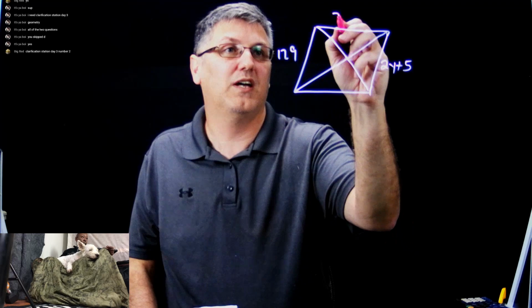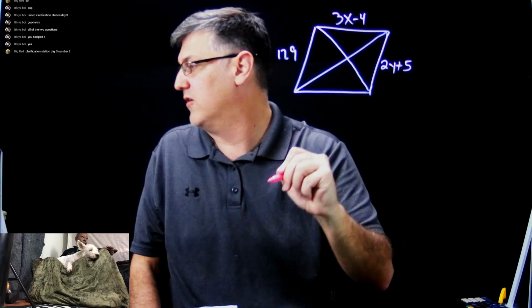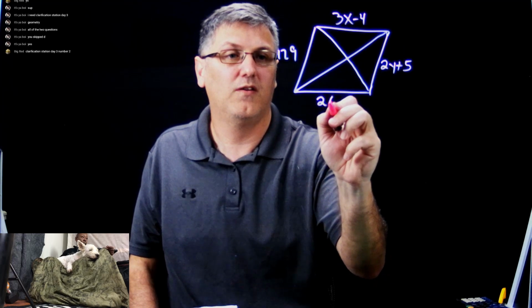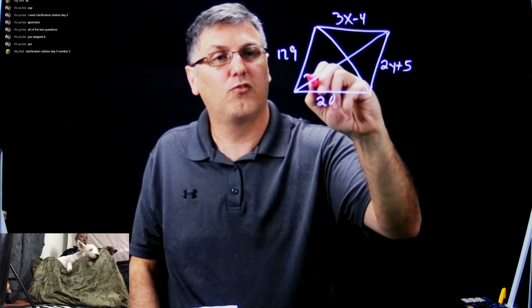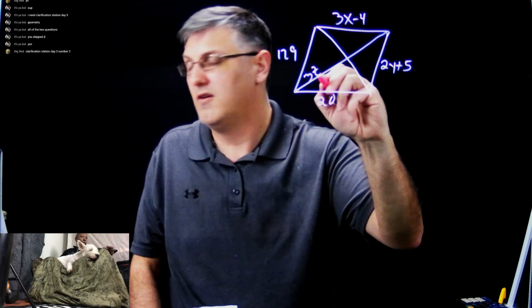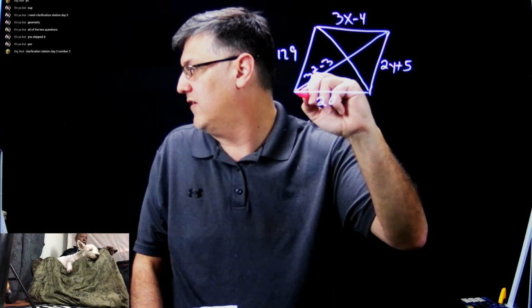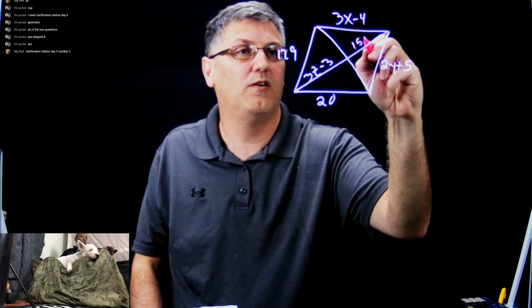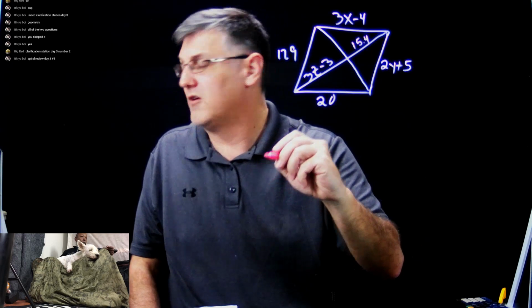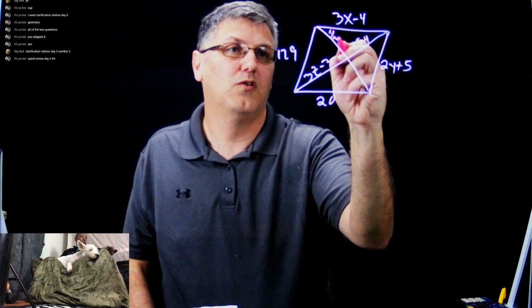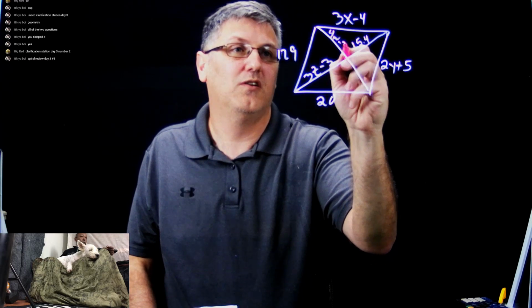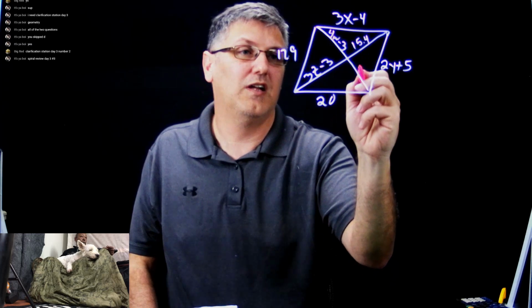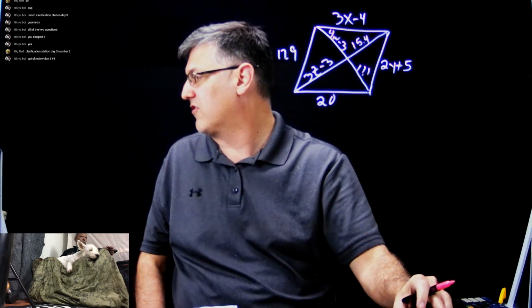I have 3x minus 4, and I have 20. Here is 3z minus 3. This is 15.4. This is 4w minus 3. And then this is 11.1. Okay, let's knock these out.